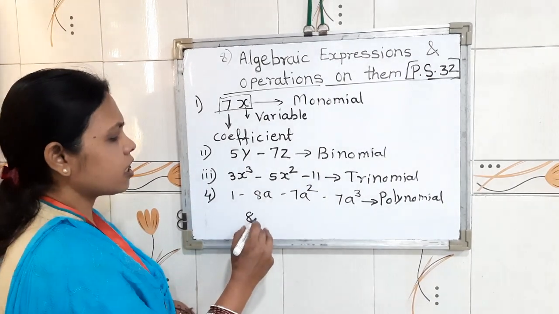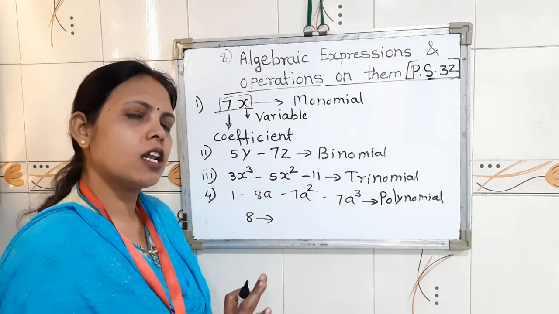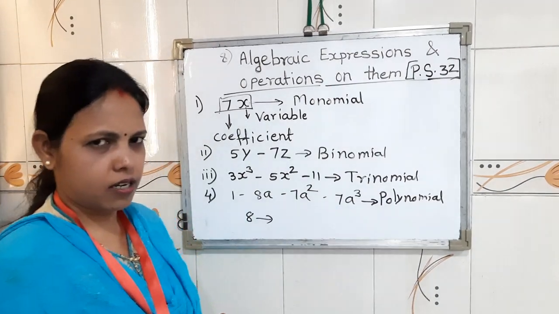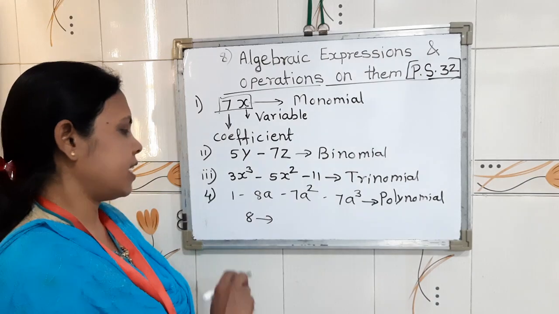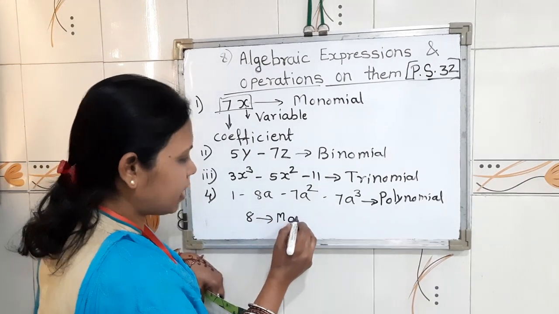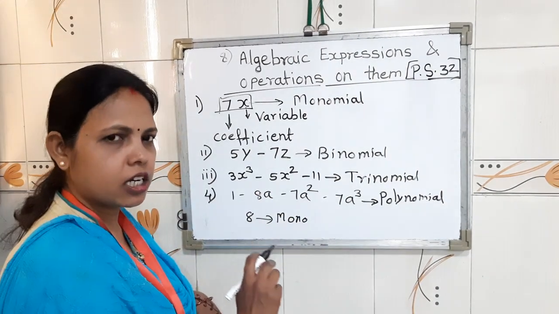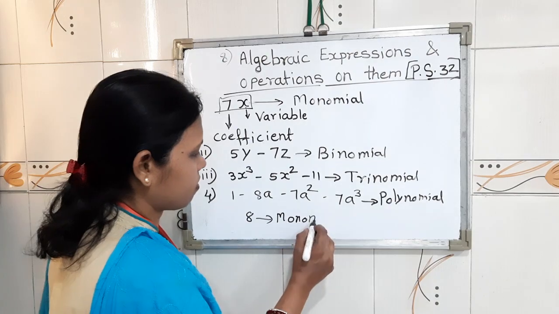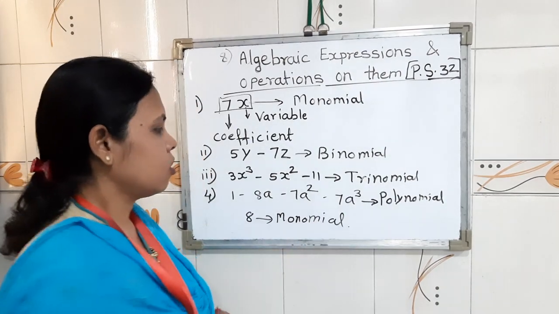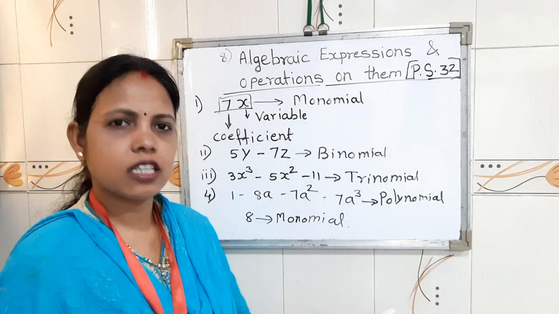Then what will we say, monomial or binomial or trinomial? Yes, you are correct, 8 is monomial. If no variable is there, then you are going to consider that number a monomial. So in this way you will complete your exercise 32.